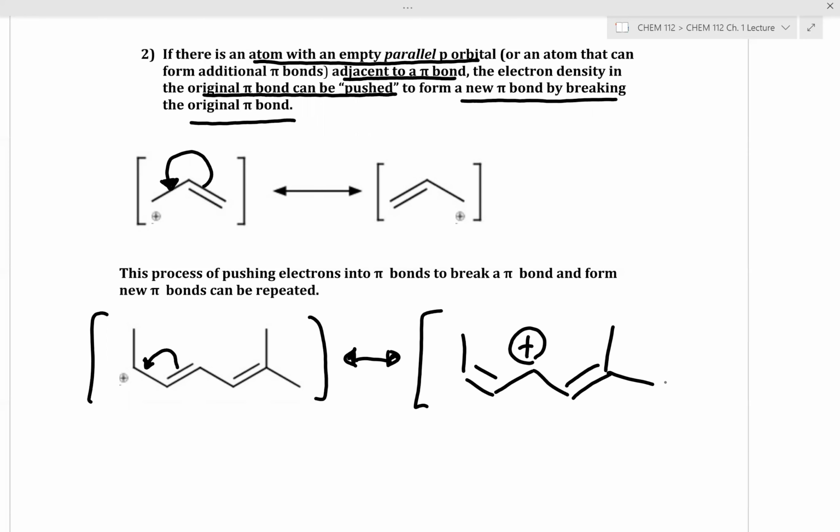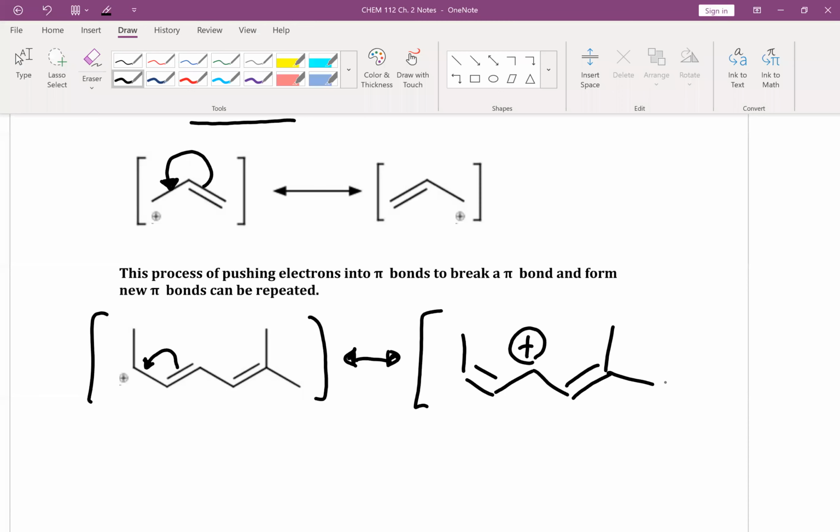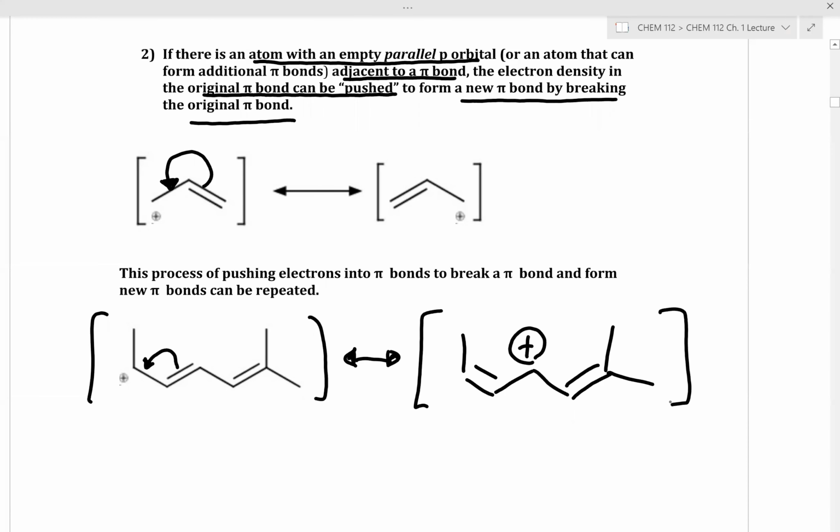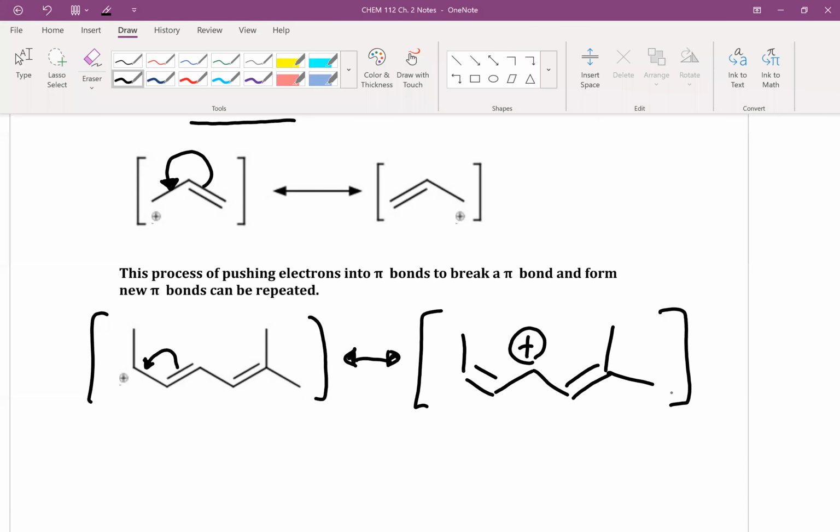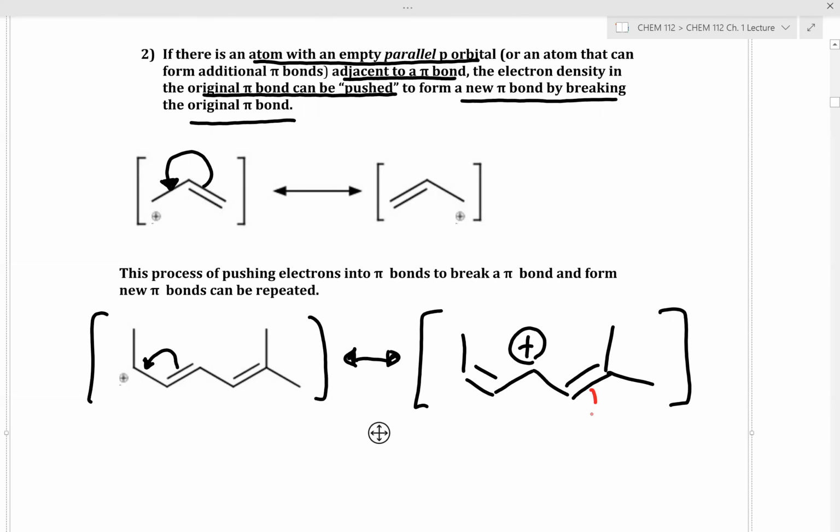Is this cation now adjacent to another double bond? Yep. So let's take this double bond electron density and push this electron density towards my cation. So I'm going to form a new double bond, and as a result of forming this new double bond, I generate a new cation.